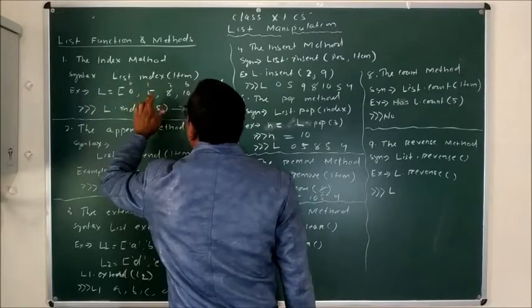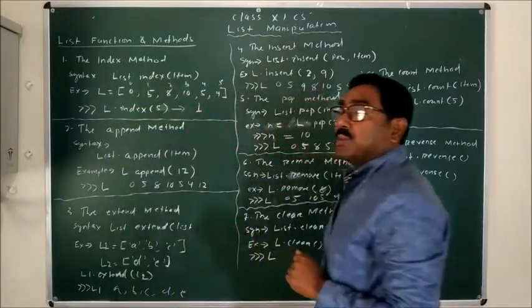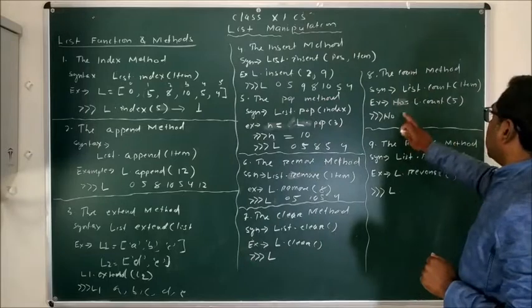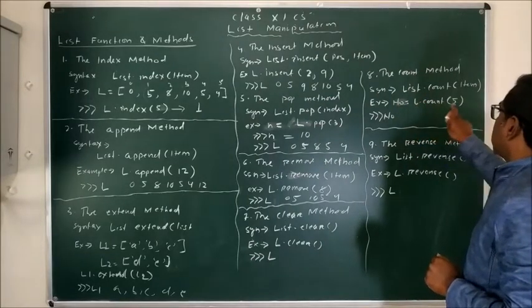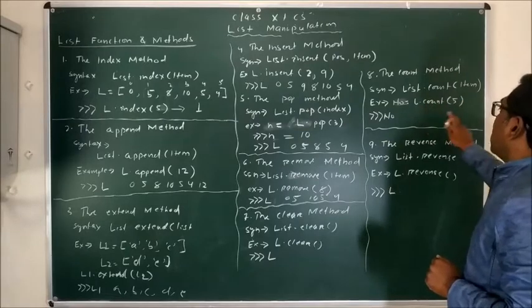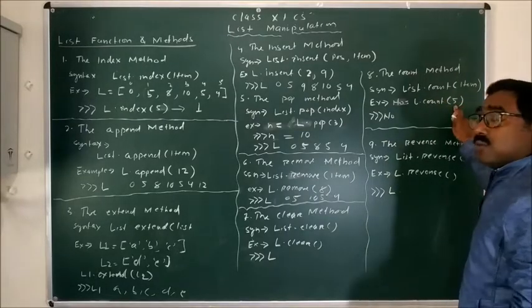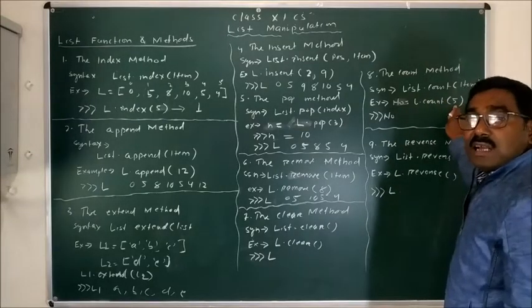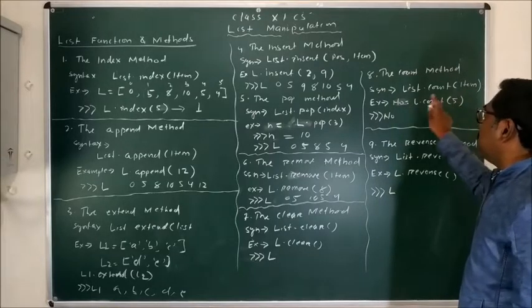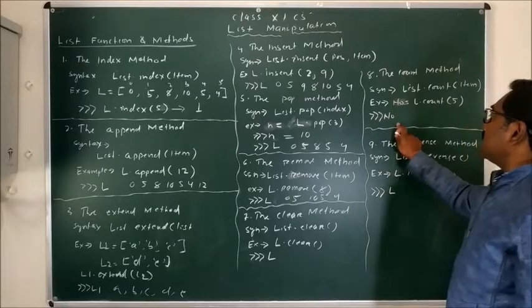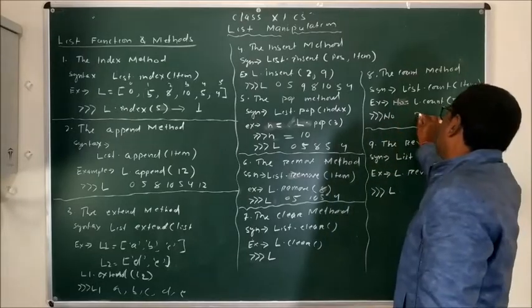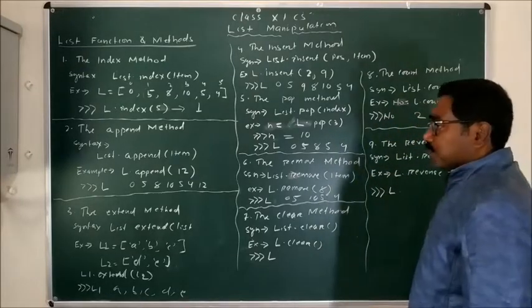In this list we have 2, 5, but 5 is stored 2 times. So whenever we write number is equal to L dot count 5, it will count how many times the value 5 is available in the list, and it is 2 times, so 2 will be stored in number. Now whenever we display that value, it will display 2.